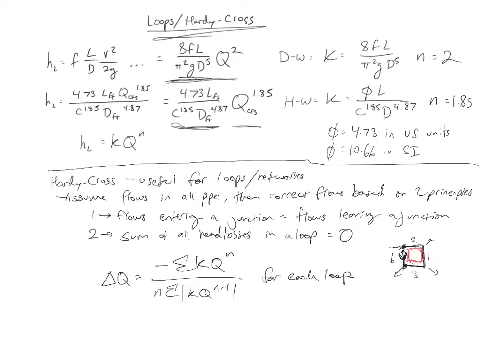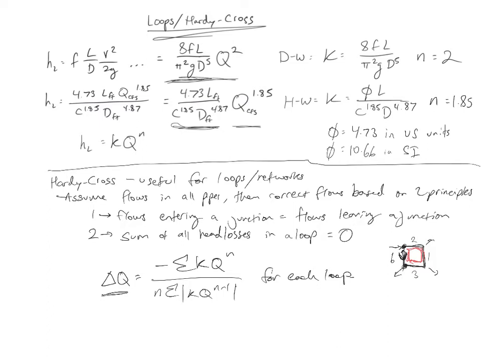So what we said was we're going to assume all the flows in all the pipes. We're going to make an assumption of what they are. Then we're going to use this formula to calculate delta Q. How should we change our assumed flow rates in that loop? And then we're going to iterate. So we make an assumption, we calculate delta Q, which gives us new flow rates, our assumptions plus or minus our delta Q. Then we're going to calculate this again, and we'll keep going that way.